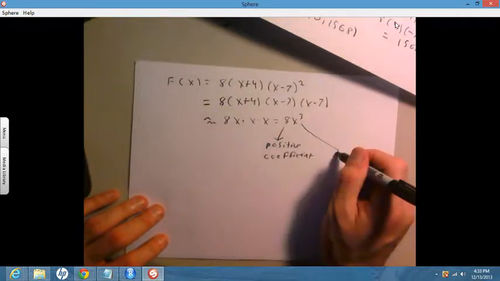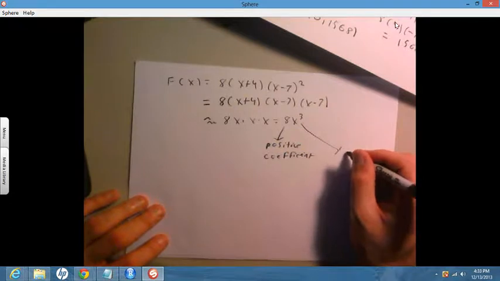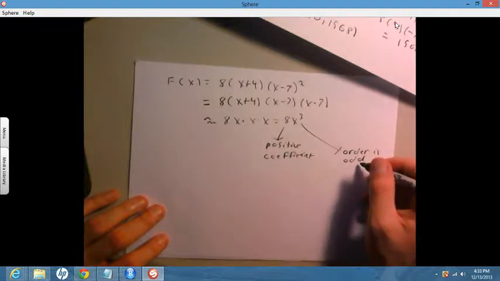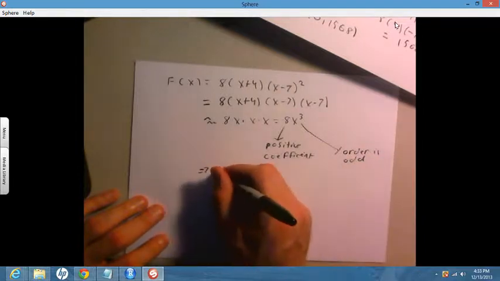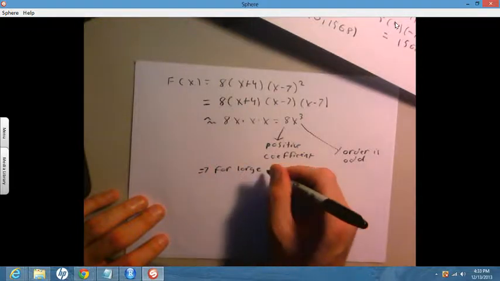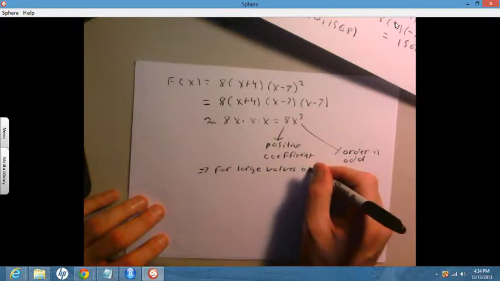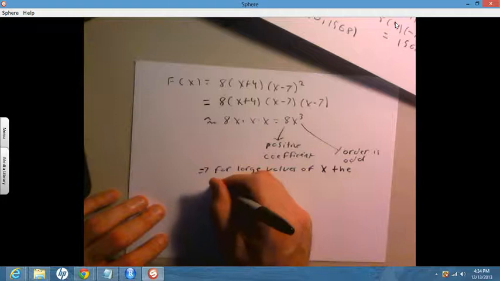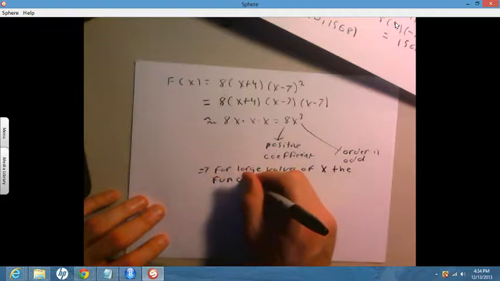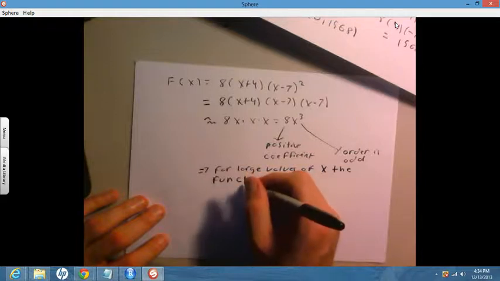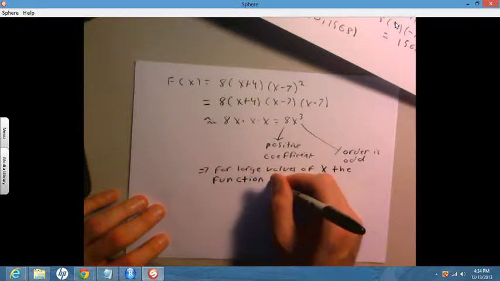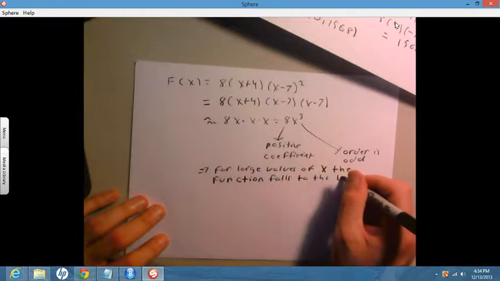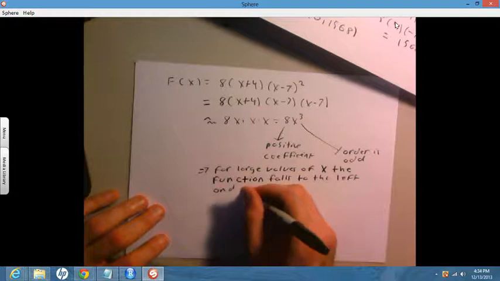And the order is odd. The order of the power, if you like. That means for large values of x, the function falls to the left and rises to the right.